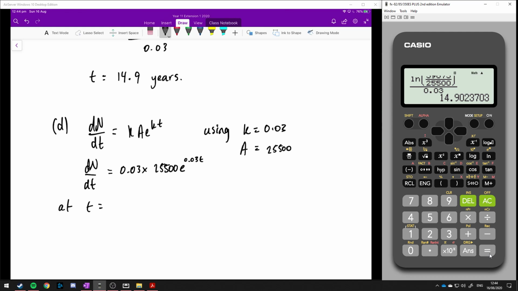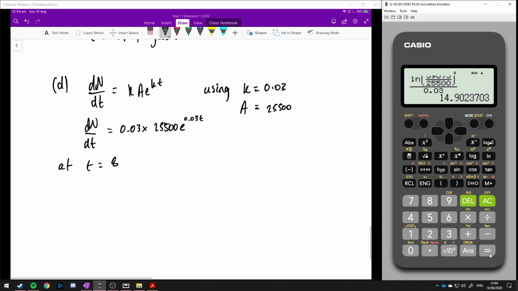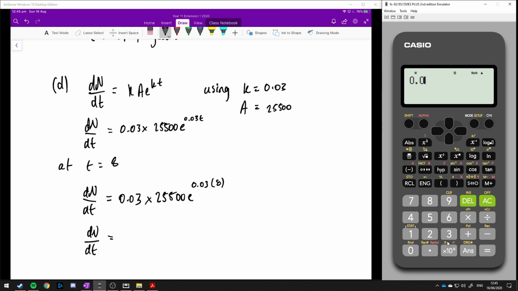Then at time equal to 8 for 8 years, dN/dt is equal to 0.03 times 25500 e to the 0.03 times 8.